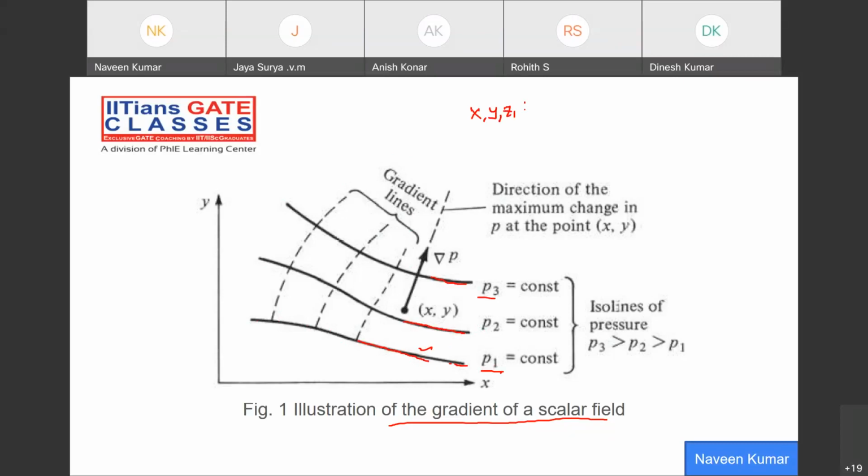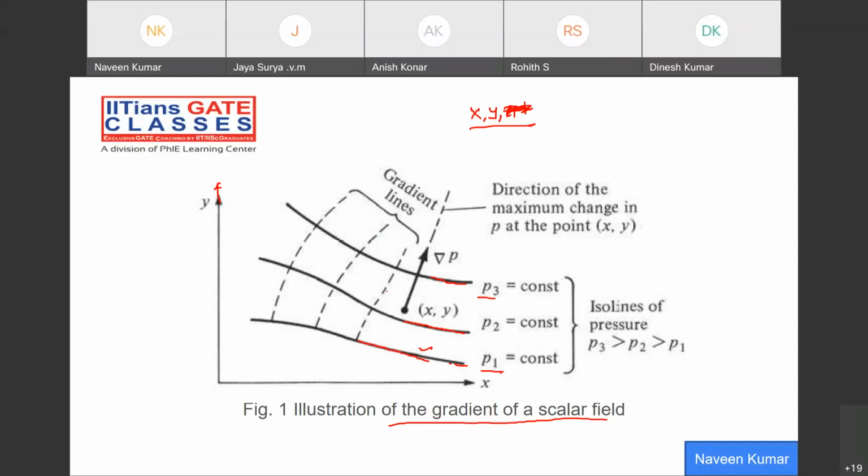But this is the pressure field in xy only, not even z, because you can see it's 2D, and time may not be there. Let's say we are discussing only the xy coordinates, because it's a 2D pressure field that we have taken, right?